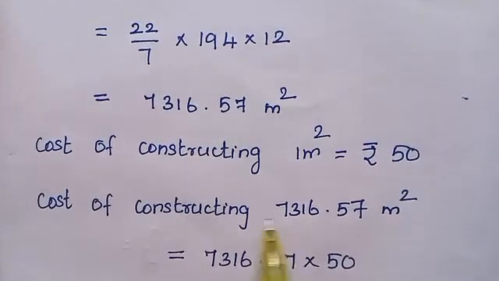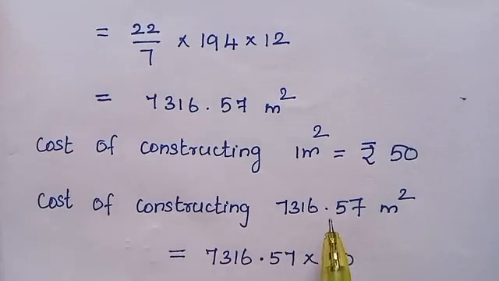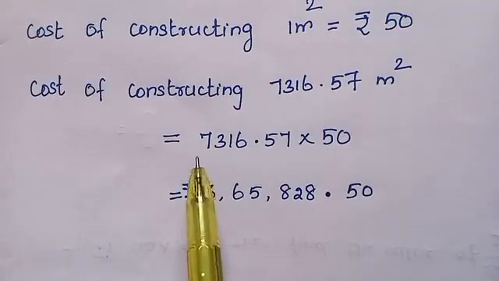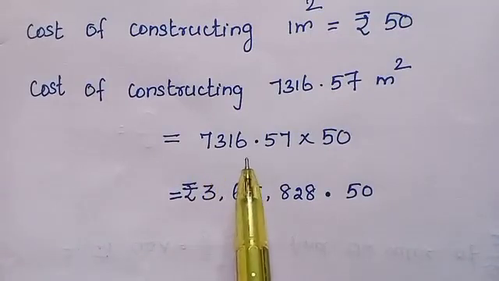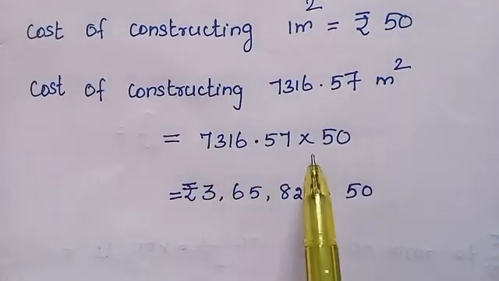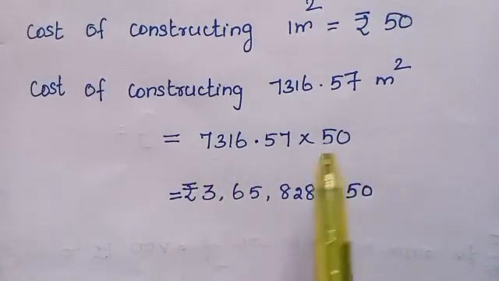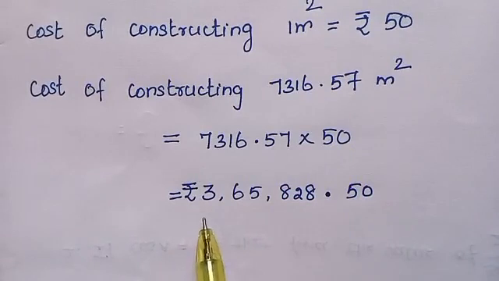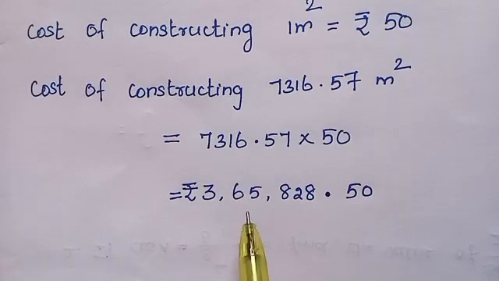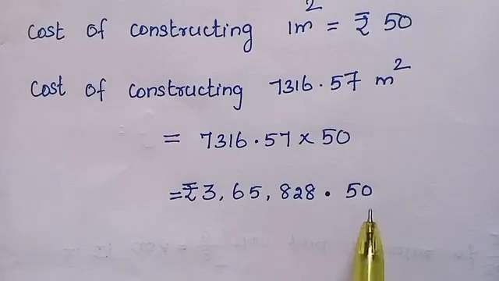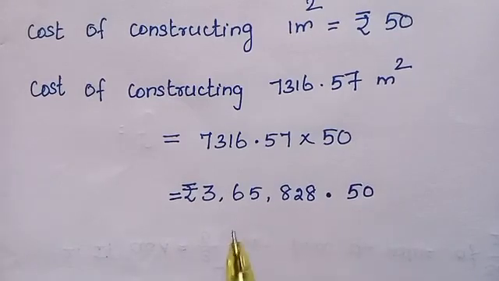Cost of constructing 7316.57 meter square: for that, multiply 7316.57 by 50. When you multiply these two numbers, you get 3,65,828 and 50 paise. This is the cost of construction for 4 tracks.